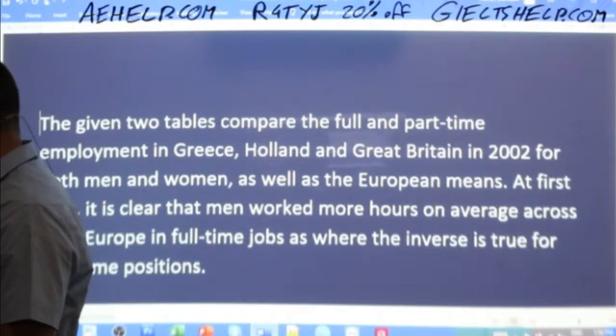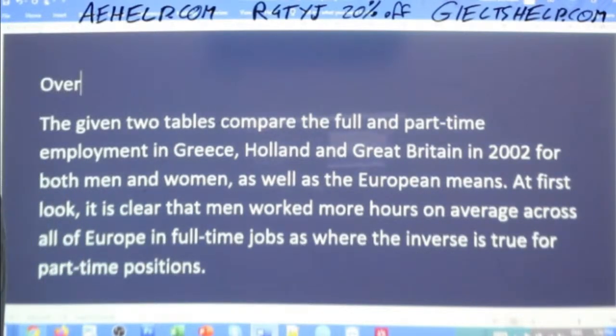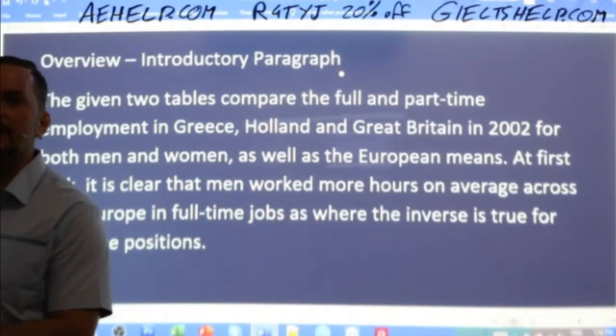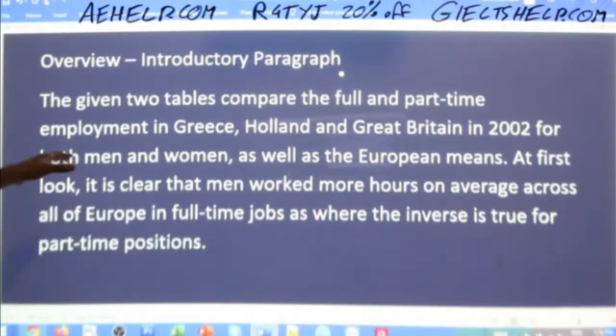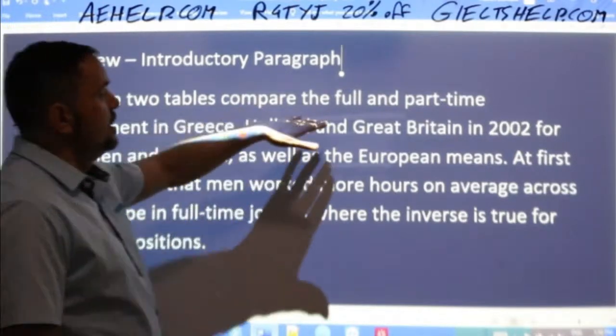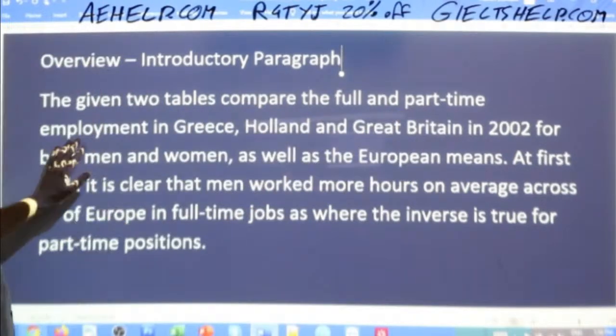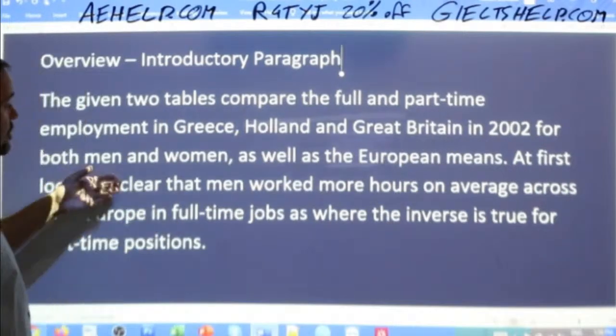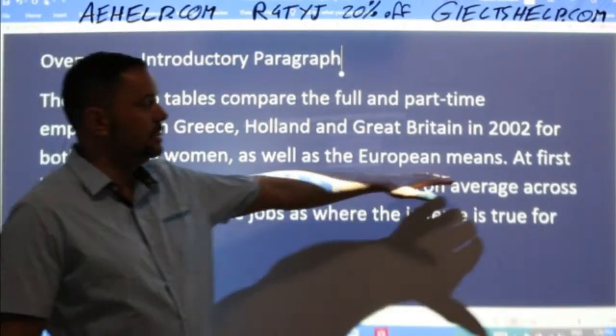Okay, so here we go. This is my overview and introductory paragraph. And this is your way to a Band 9 score, all right, and your analysis. So here we go. The given two tables compare full and part-time employment in Greece, Holland, and Great Britain in 2002 for both men and women, as well as the European means.